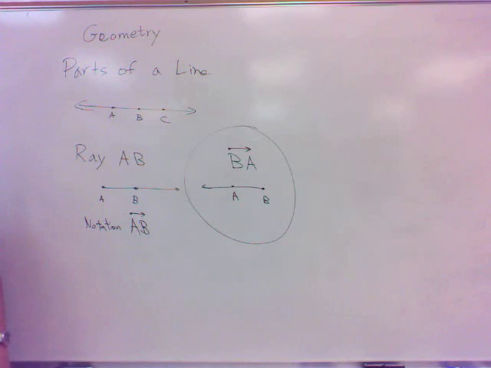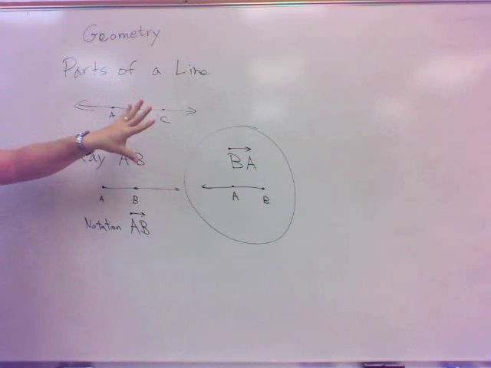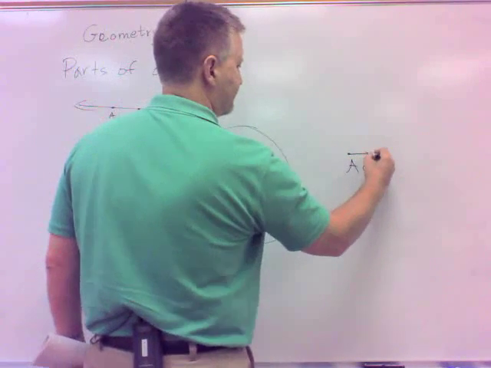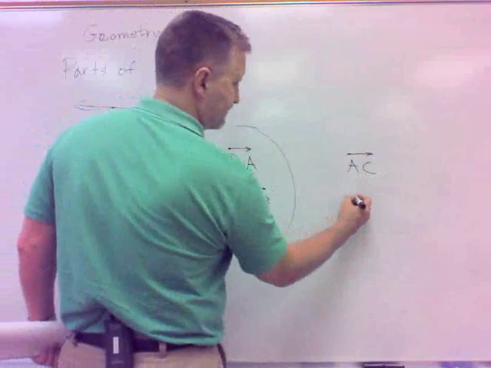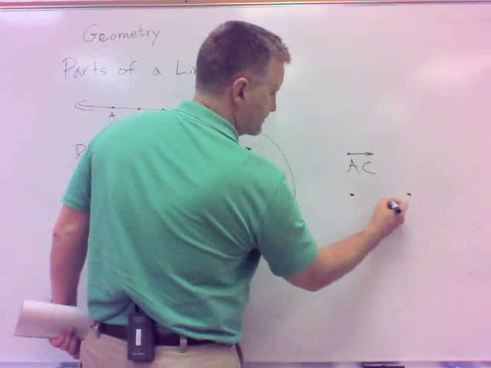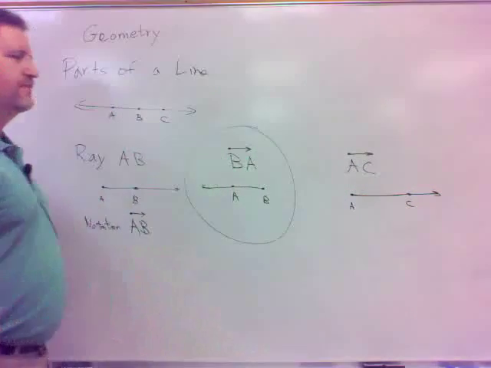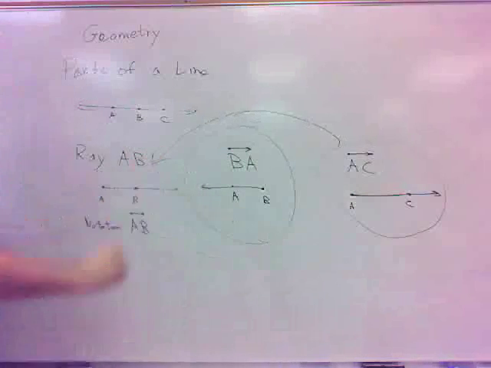Okay? Now using this same configuration, what about ray AC? Is that different than these? Actually, it's the same as one of these, isn't it? Ray AC would start at A and go towards C there. But isn't that the very same thing as ray AB?